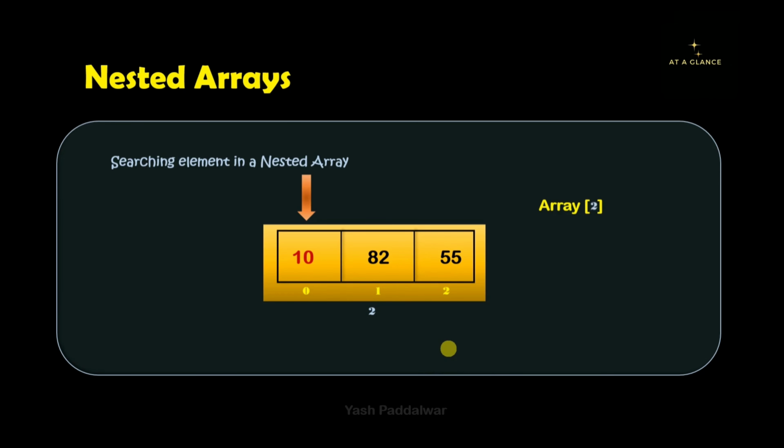So array of 2, and then inside that array we have the element at location 0. So again one more square bracket after location 2, and inside that we write 0. This is the way to represent any element inside the array with its location. I hope the searching is clear.